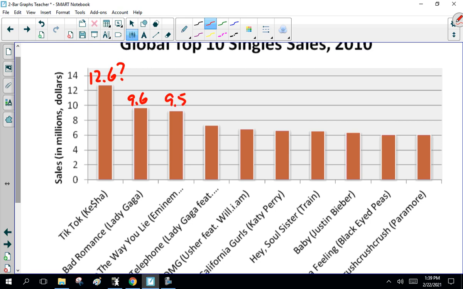9.5 million for Eminem. Telephone, 7.2, 7.3, something like that. OMG, 6.9, not quite halfway. Here, once again, I should be putting question marks by them, but as I've been saying, this is an estimation. Graphs are really, really good for showing trends. Exact numbers, they kind of suck. Now, California Girls, Katy Perry.